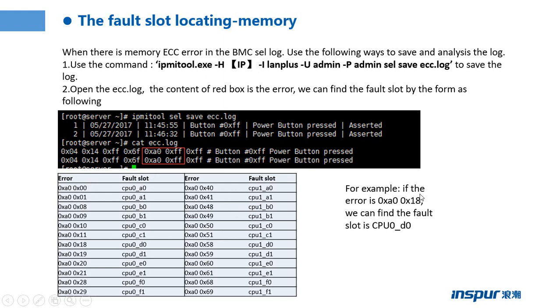For example, if the error is this one, the faulty slot is CPU 0, DIMM 0. So we can find the slot on our motherboard, and at last we replace the memory.